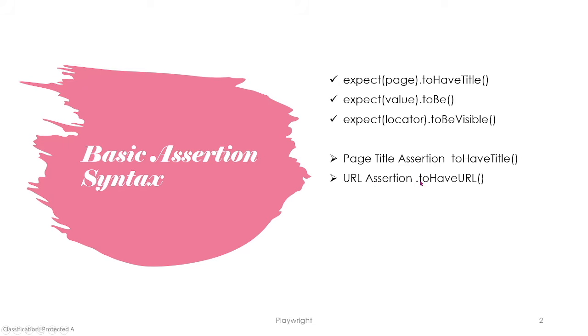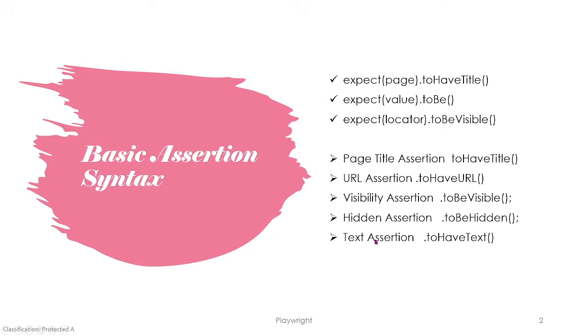URL assertion: to have URL. Visibility assertion: to be visible. Handle assertion: to be handled. Text assertion: to have text.